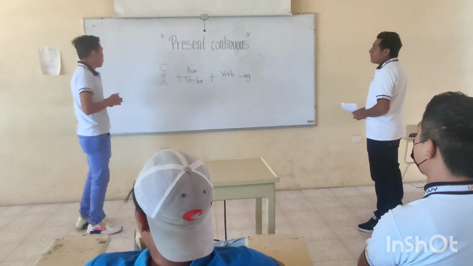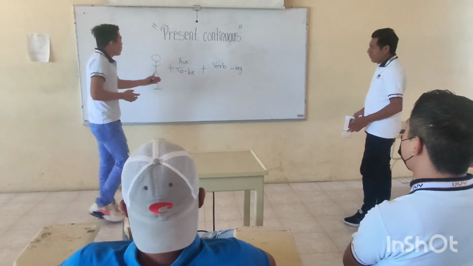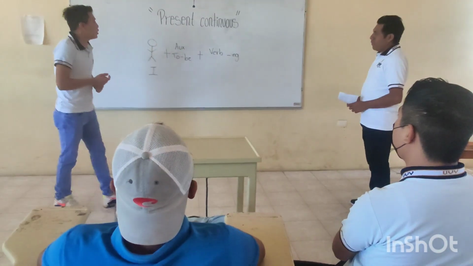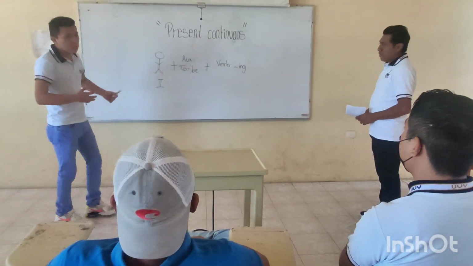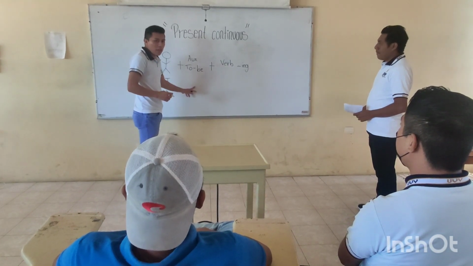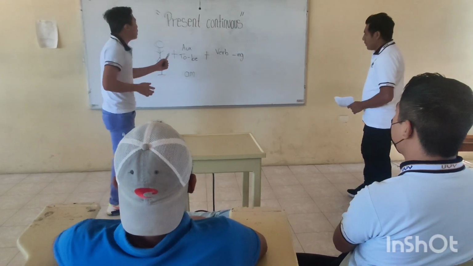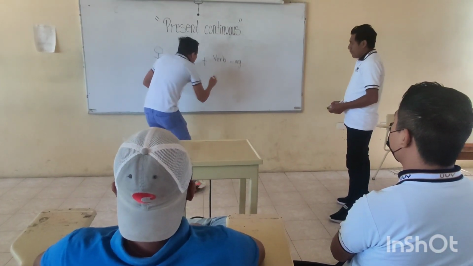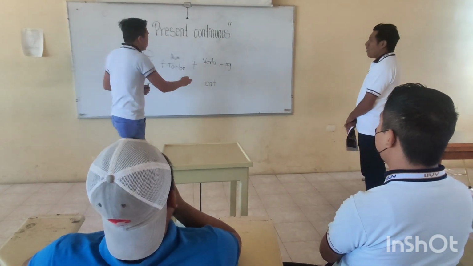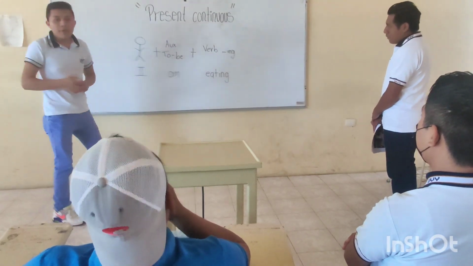For example, do you remember the auxiliary verb to be? Conjugate the verb to be with the pronouns. I am. And with a verb ending in ing, like eat, but using ing for eating. I am eating.